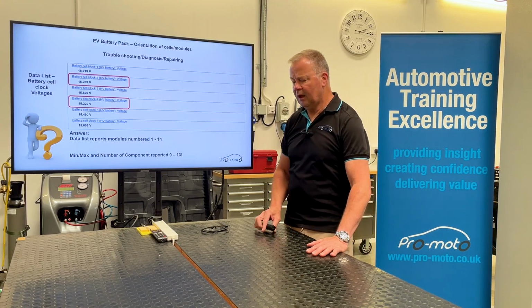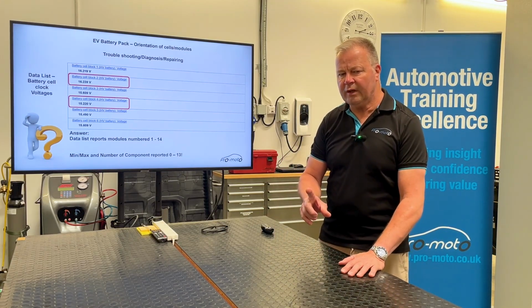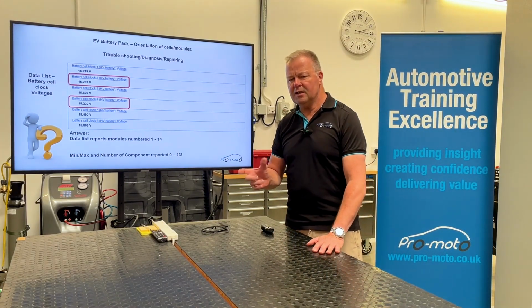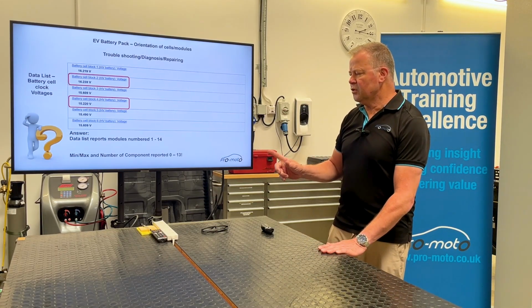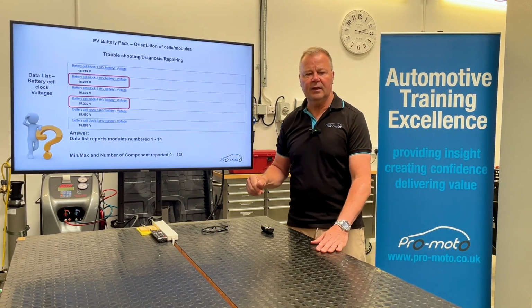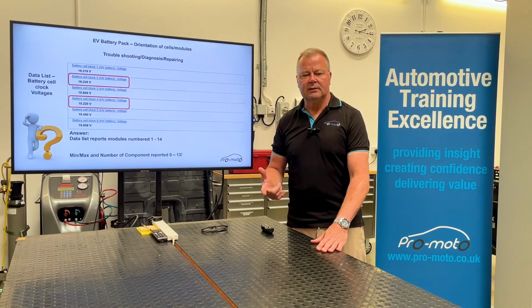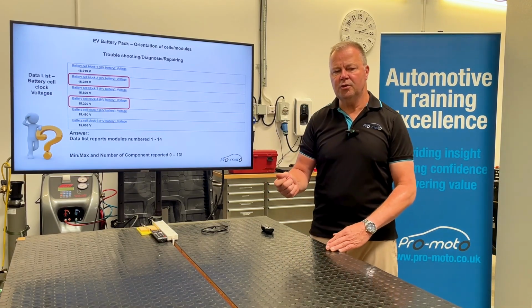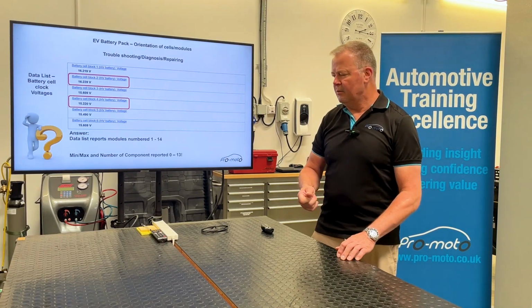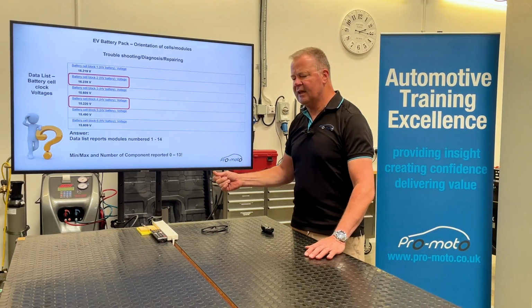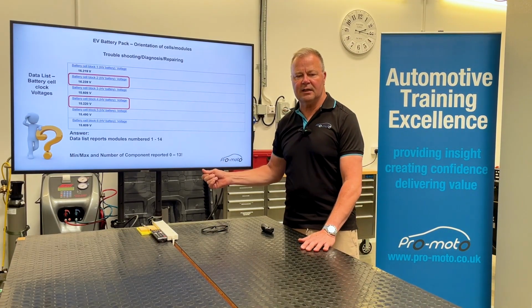Okay, the answer to the curveball is that there's a little quirky bit in the software. When you look at the data list, modules are numbered 1 to 4. So in this case, we're actually looking at 2 and 4 as the probable fault within the battery. When we look at the min-max numbers, they are numbered 0 to 13.